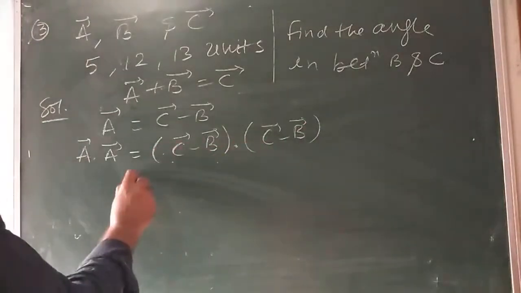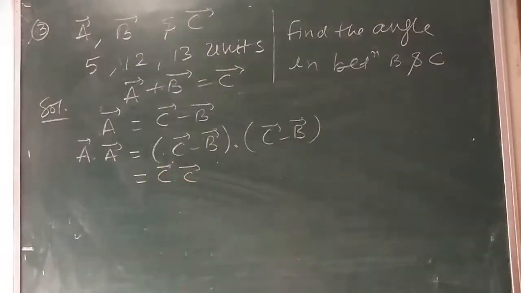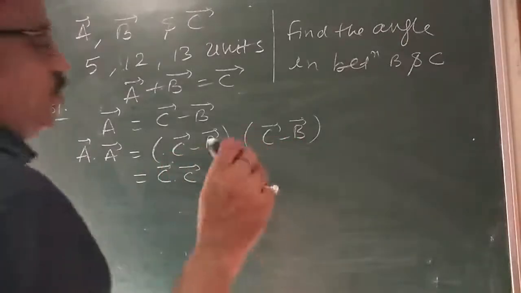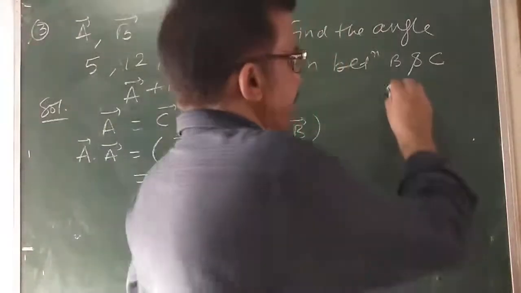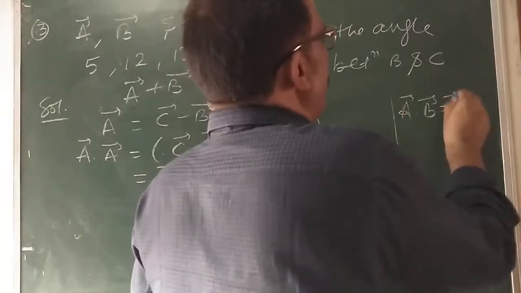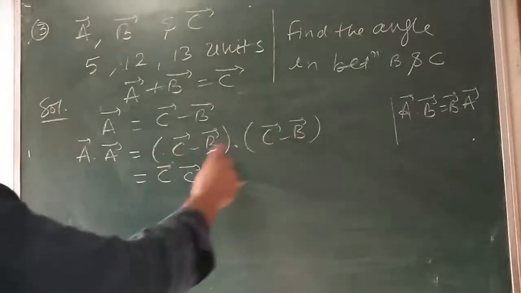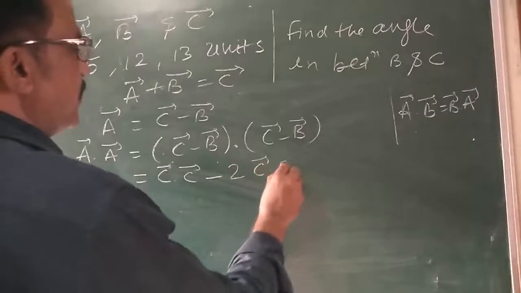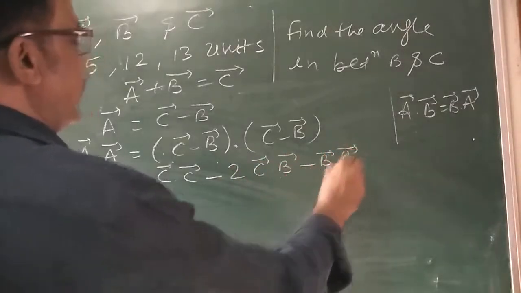C dot C minus CB and minus BC. We know that in a dot product, A dot B is equal to B dot A. It is commutative. So I can write here, this is CB and this is BC. So I can write twice of C dot B and minus B dot B. Is it clear? Yes, sir.